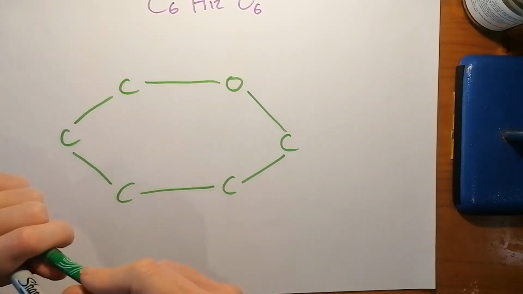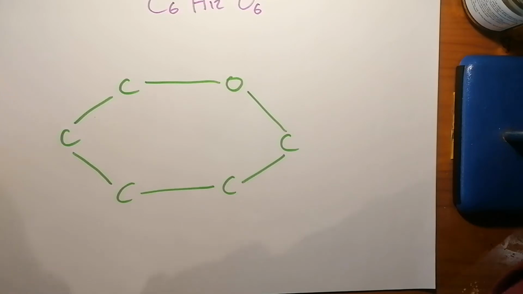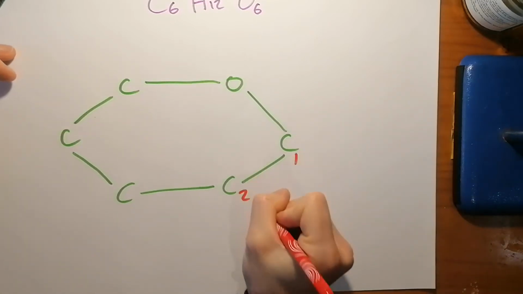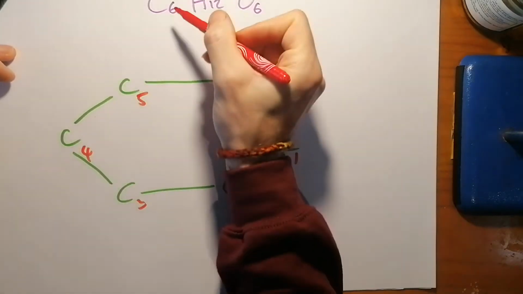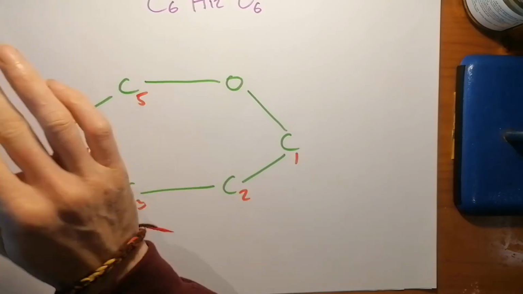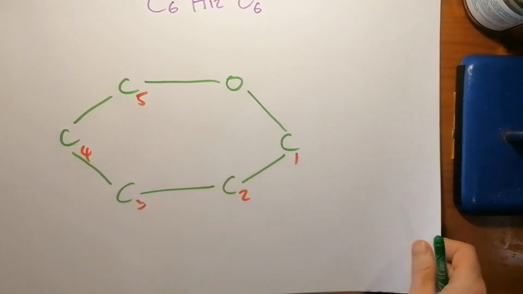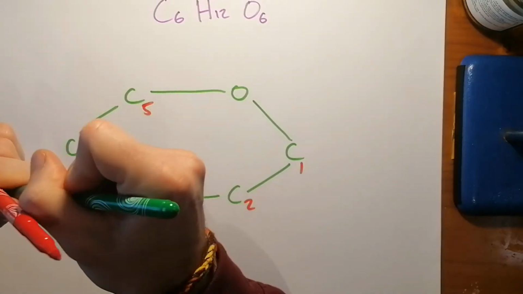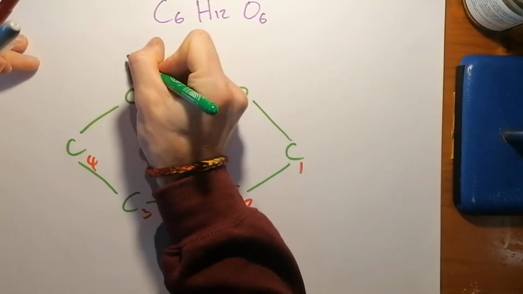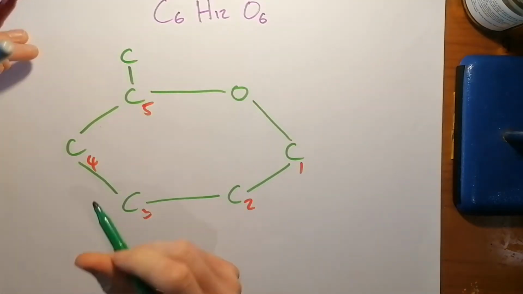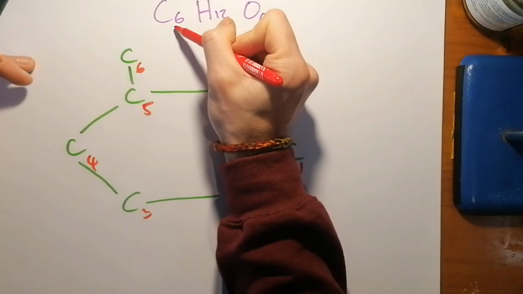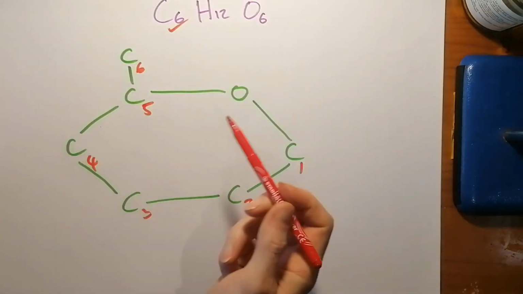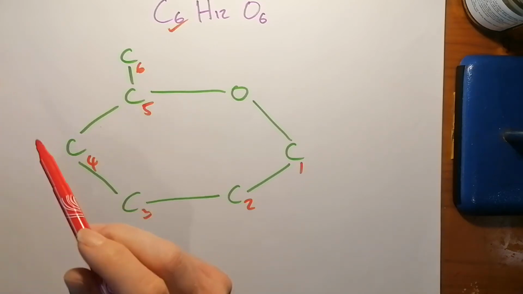If we count those carbons, we've got 1, 2, 3, 4, 5. So we're not there yet, because the sixth carbon is up above the ring structure. All right, there it is. That's carbon 6. So now we've ticked off our 6 carbons.